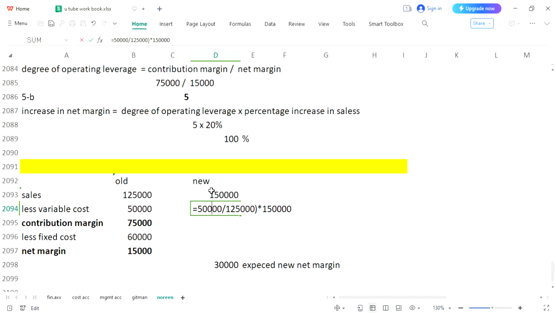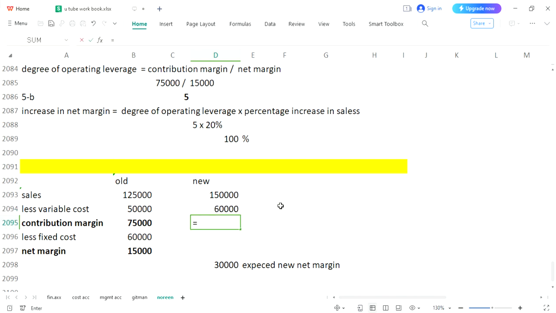Now we are putting one bracket over here. Please note it down. When I enter this calculation, the answer would appear over here. We have old variable cost 50,000 divided by old sales 125,000, and then the answer would be multiplied by new sales. So we have got our new variable cost.